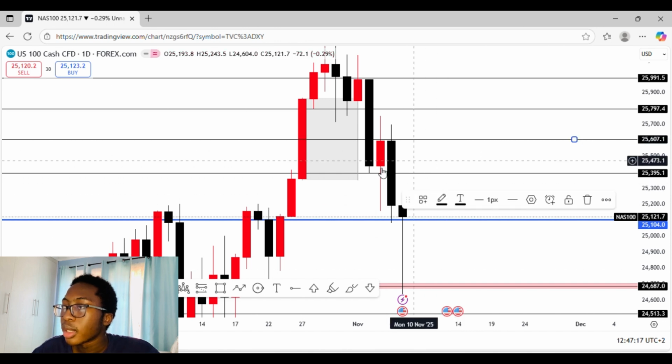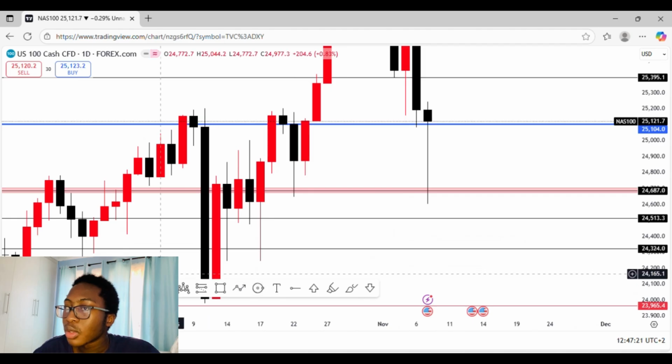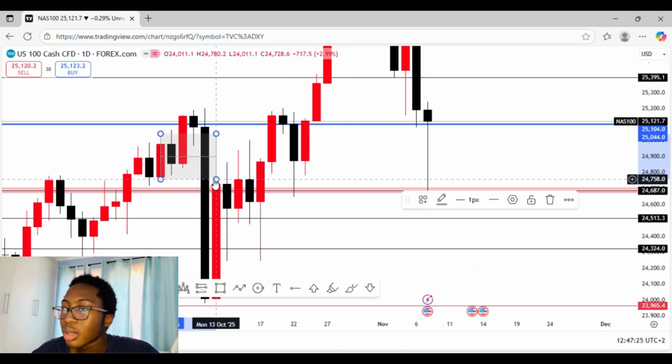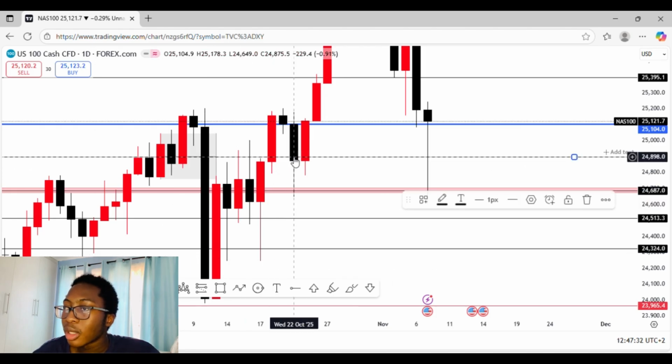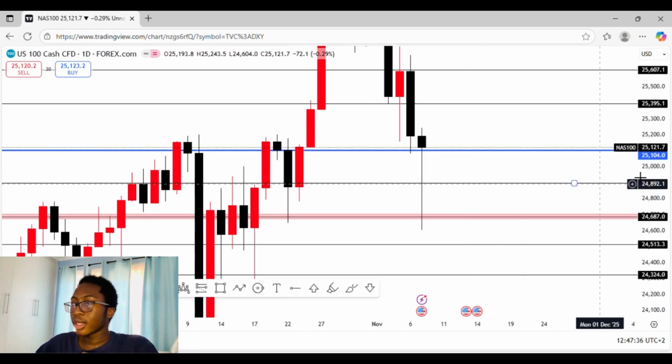Let's close it there. Then now I want to close this one here. That gap has to be closed. Just find any previous daily candle, not 4 hour, any that can close the gap. Okay, cool. Now everything makes sense.